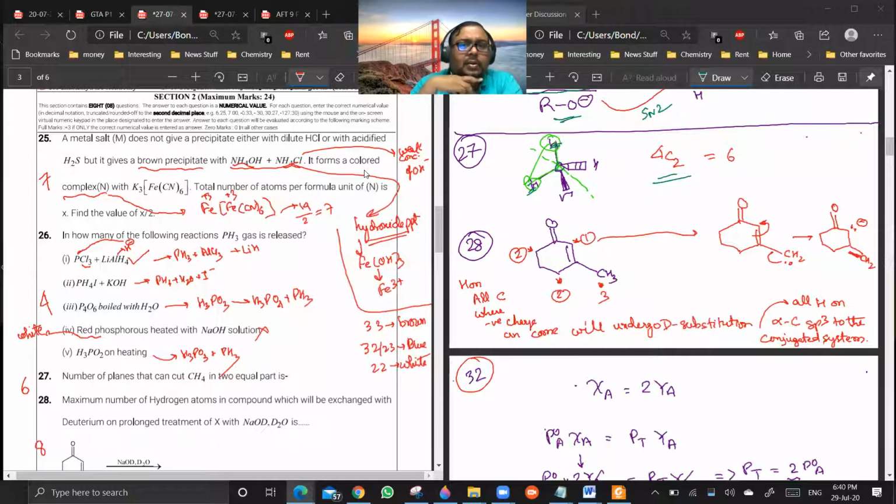These are the 3 metals which give a precipitate. So the only brown precipitate can be with Fe(OH)3, so it should be Fe3+ only. If it is Fe3+, it will form [Fe(CN)6], which is a brown colored complex.